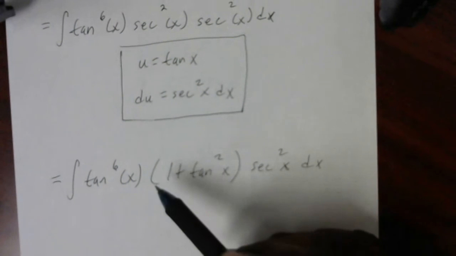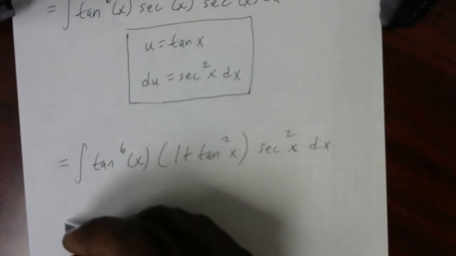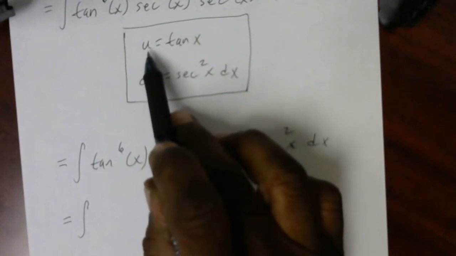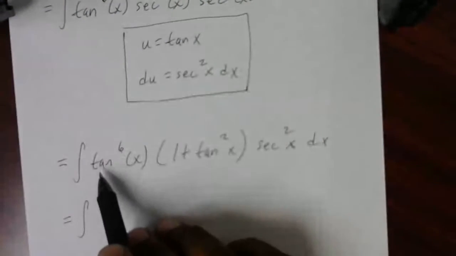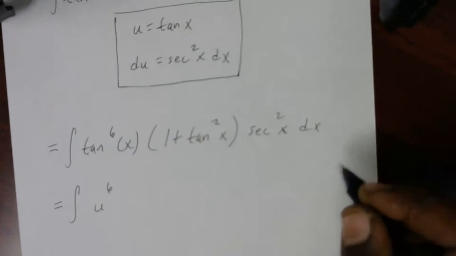So now I can write this in terms of u and du. So we've substituted tangent for u, so I can rewrite this first factor as u to the 6th power.